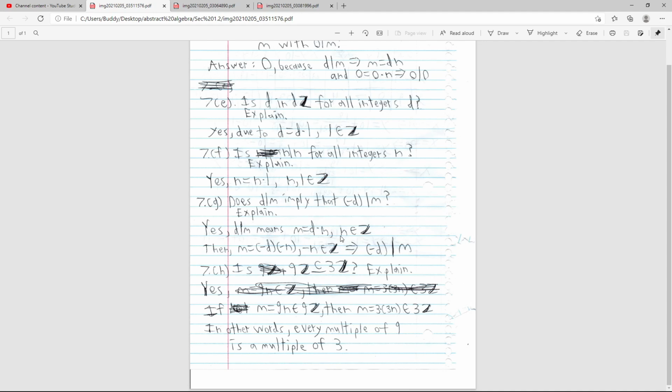So therefore it is a subset. In other words, every multiple of 9 is a multiple of 3. Which makes very much sense when you really consider it. 9, 18, 27, all these can be divided by 3 as well. You can multiply 3 times a number, which is what a multiple is.